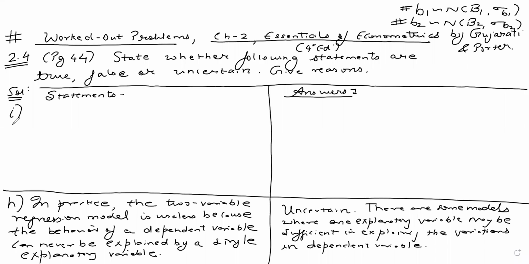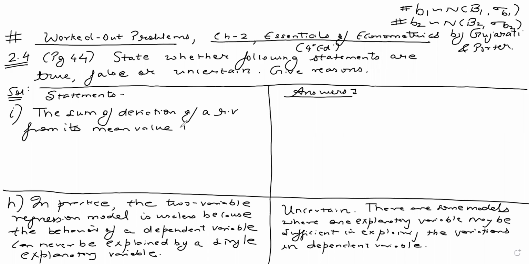Statement I is as follows. The sum of the deviation of a random variable from its mean value is always equal to 0.